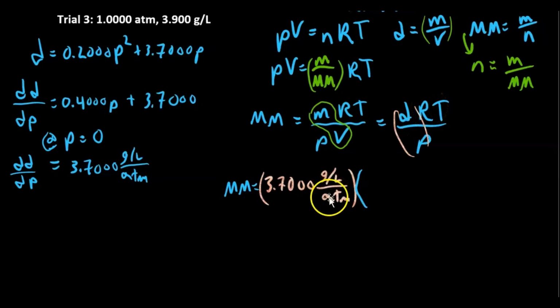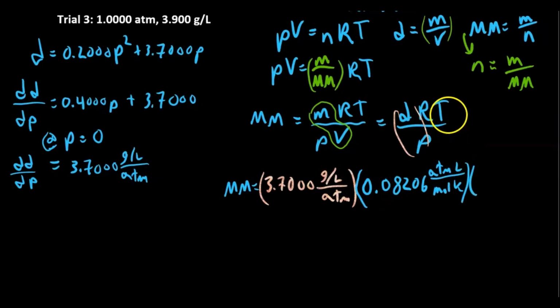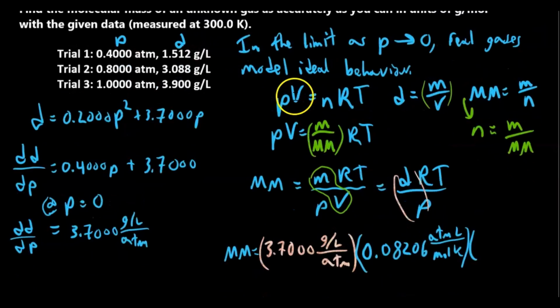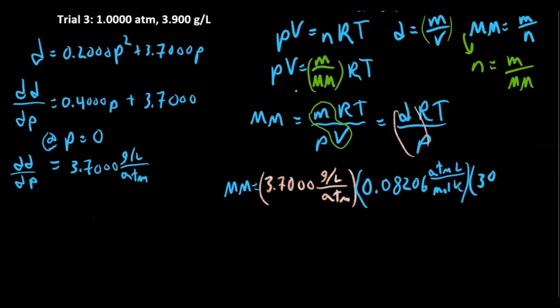Now our density over pressure has ATM in it, it has liters in it, so we'll use the 0.082061, and that's ATM liters per mole Kelvin. Temperature has to be in Kelvin, and our temperature is 300. It's already given to us in Kelvin, so that's nice.